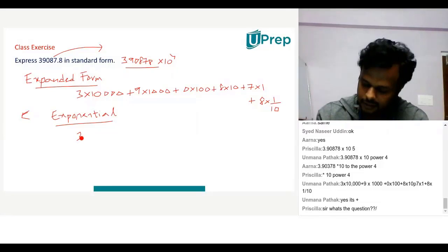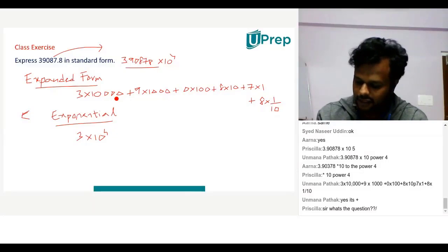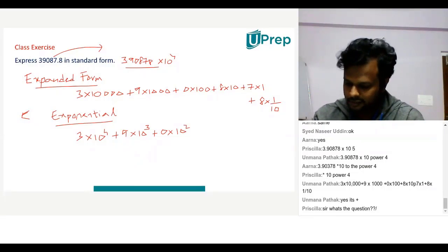I write 3 into 10 power 4 because I have 4 zeros here, children, plus 9 into 10 power 3 plus 0 into 10 power 2. Children, there is no digit in the hundreds place.